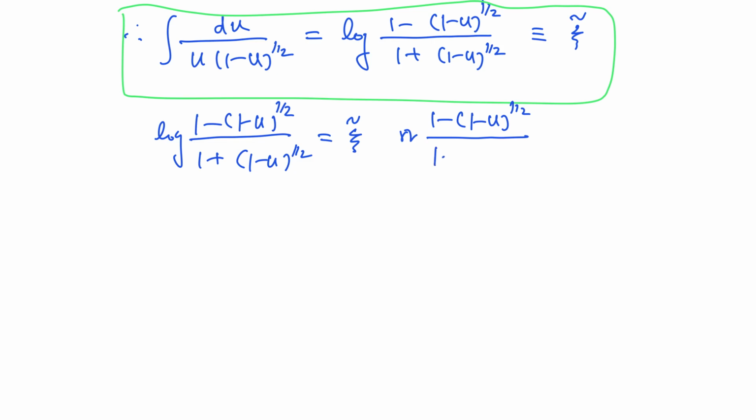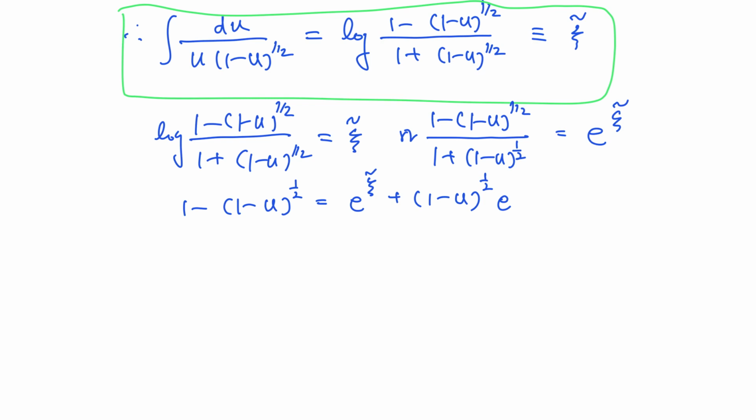So 1 plus (1 minus u)^1/2 is exponential tilde, right? So (1 minus u)^1/2 is exponential tilde plus (1 minus u)^1/2 exponential tilde. From log, we have exponential, right?